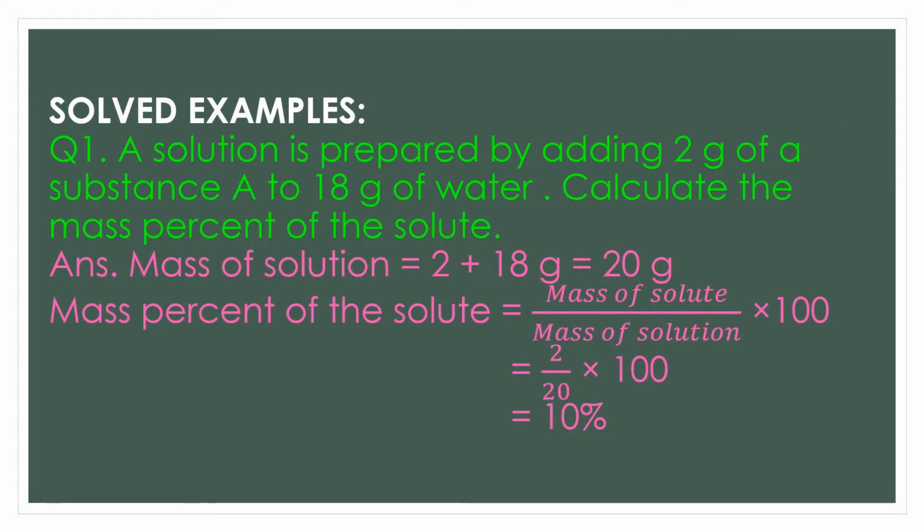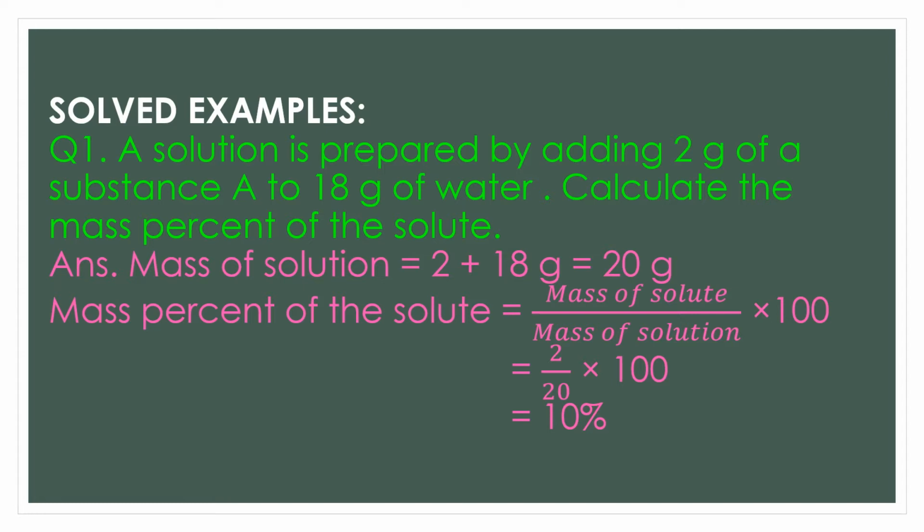Question 1: a solution is prepared by adding 2 gram of a substance A to 18 gram of water. Calculate the mass percent of the solute. So how are we going to solve it? First of all, we have to find out the mass of solution. That is 2 plus 18 gram, mass of solute plus solvent, which gives us the mass of solution, that is 20 grams.